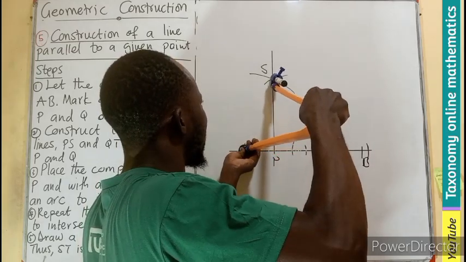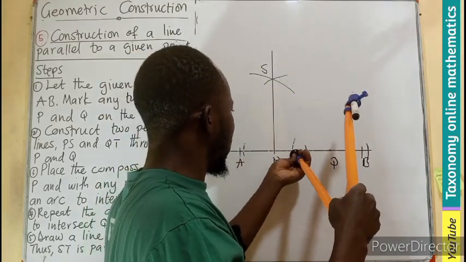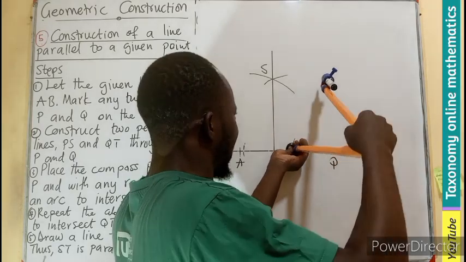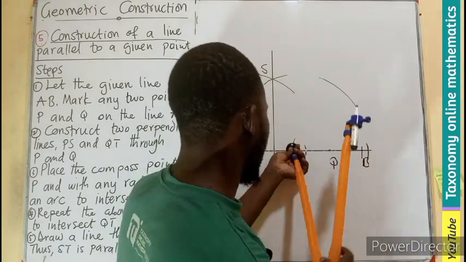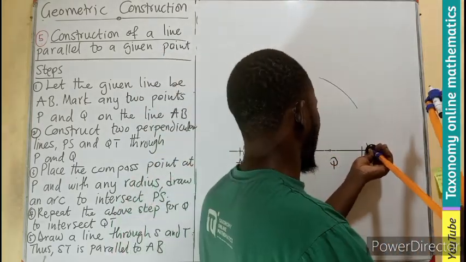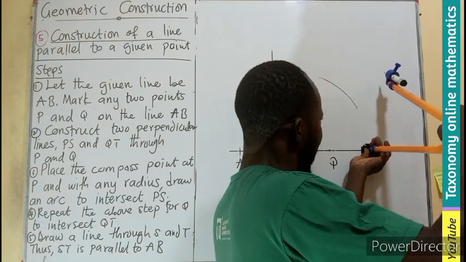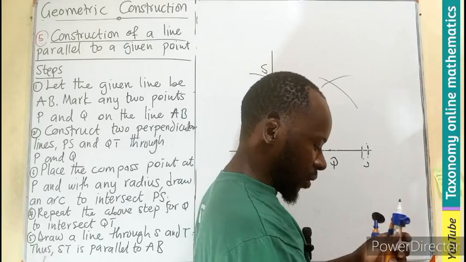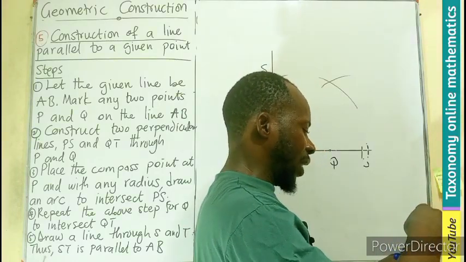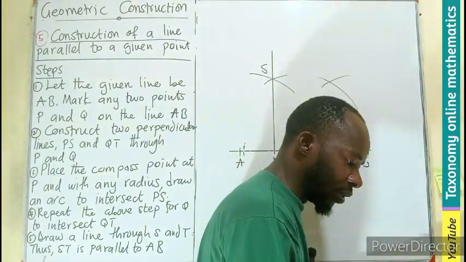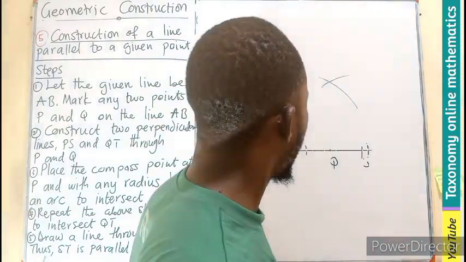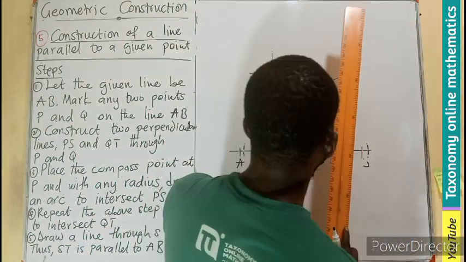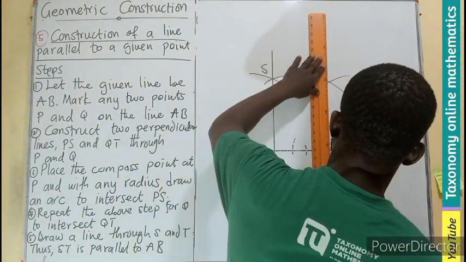Okay, so I stand in there, make an arc, come back to the point here, make an arc. So now my perpendicular QT is also drawn. So what did I do? Draw a line through that.